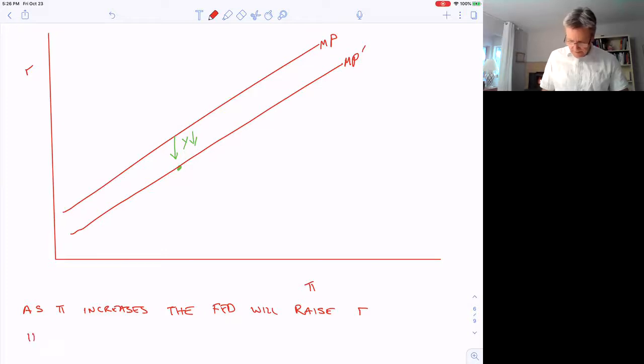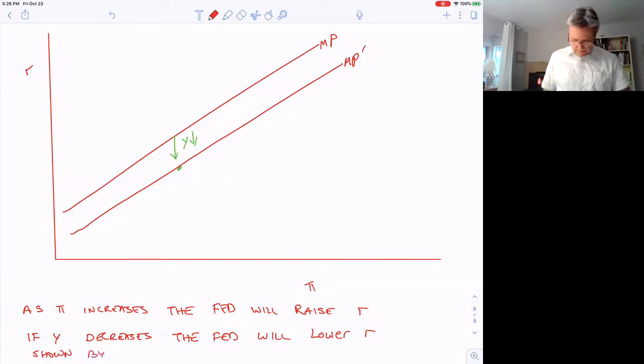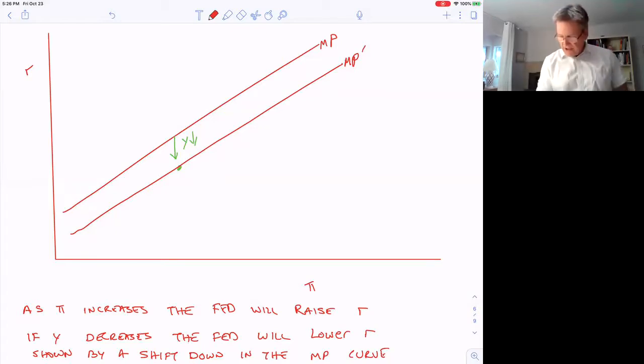So if Y decreases, the Fed will lower R, shown by a shift down in the MP curve, so that at the same inflation rate, R will be less.